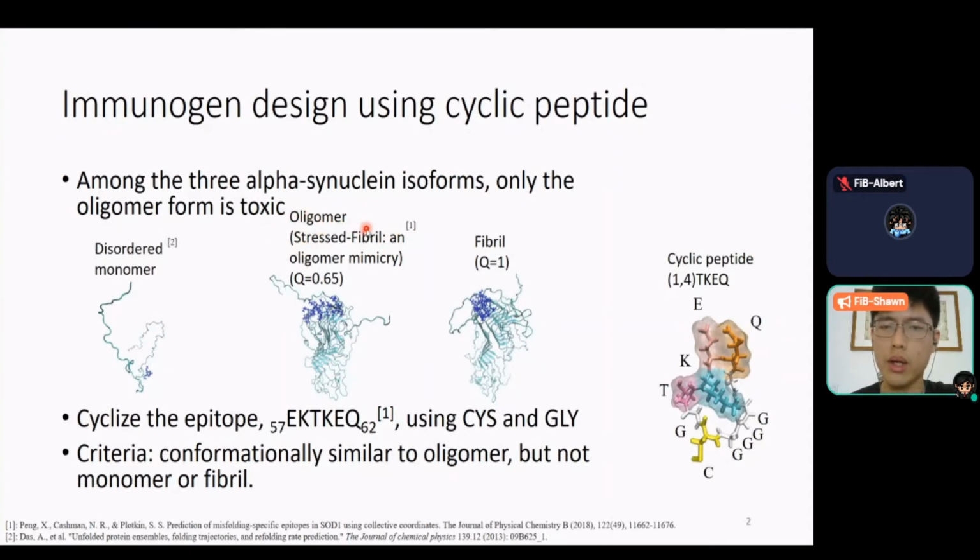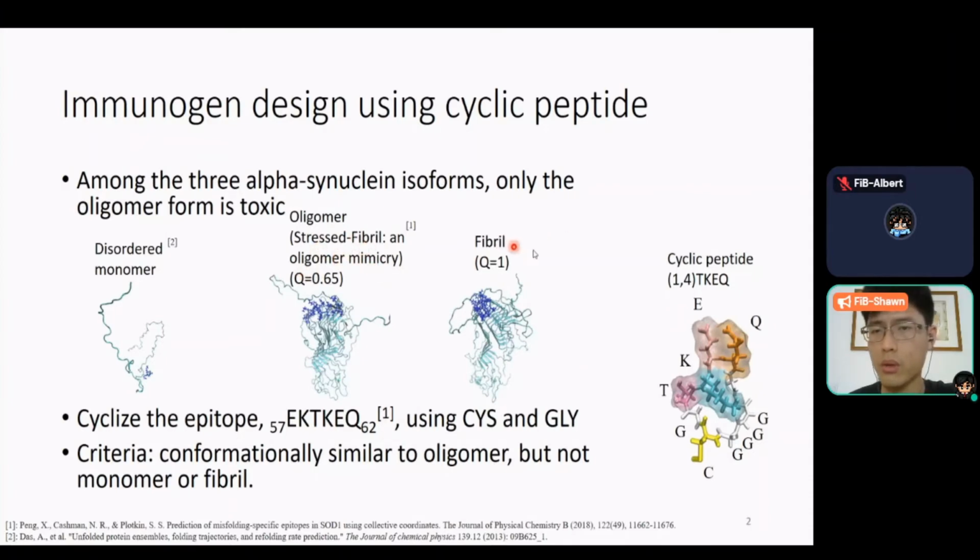This is done by partially unfolding the fibril structure, achieved by forcing a collective variable Q, the fraction of native contacts, to only 65%. So this oligomimicry ensemble is also called the stressed fibril ensemble.